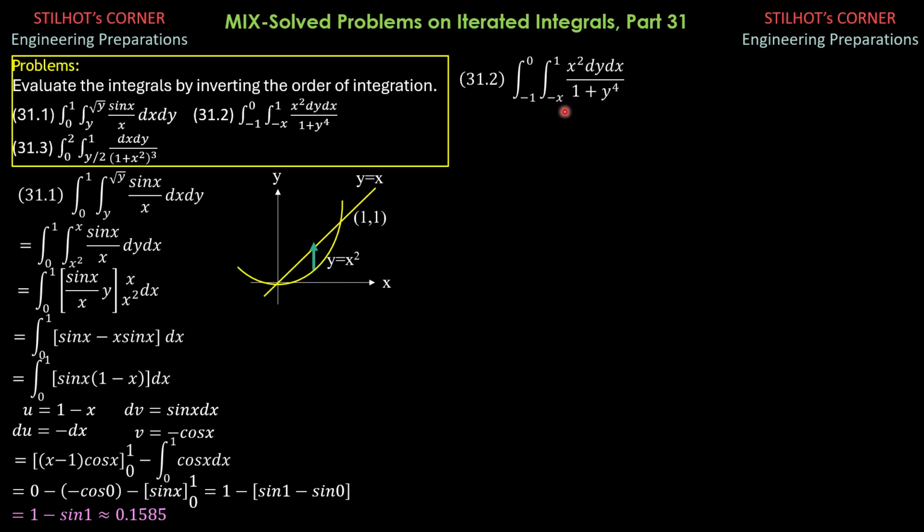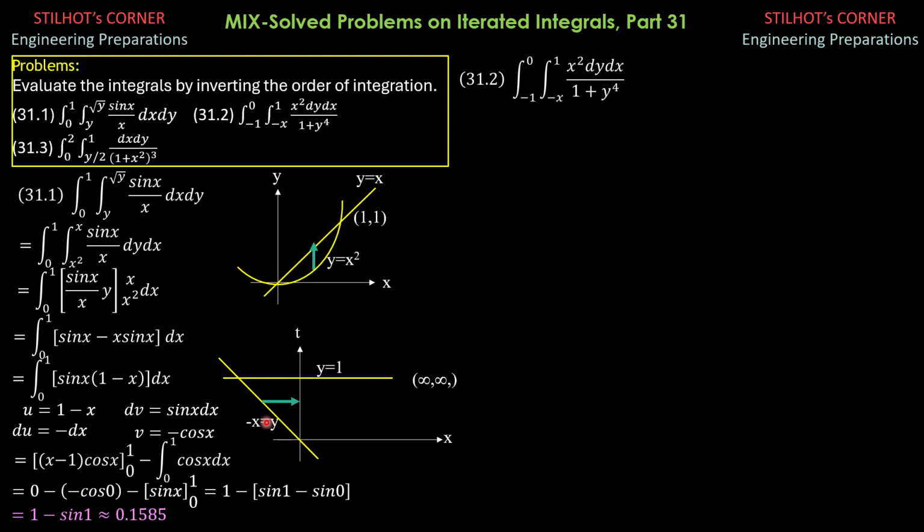So if we imagine we equate this to y, so we have negative x equals y, which is a line through the origin, and it is pointing up to the left. And imagine that is also 1 equals y, so that's a horizontal line 1 unit above the x-axis for us to set up the new limits.